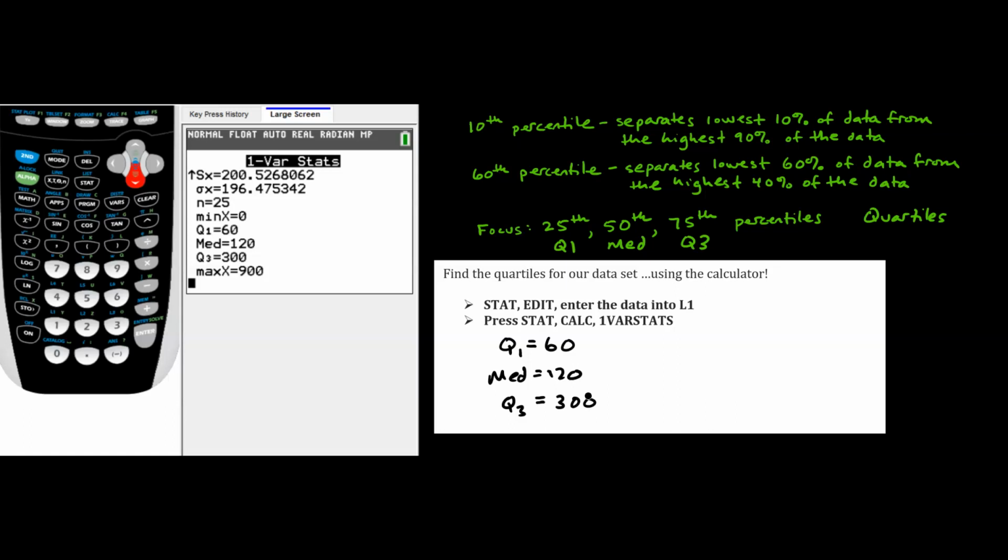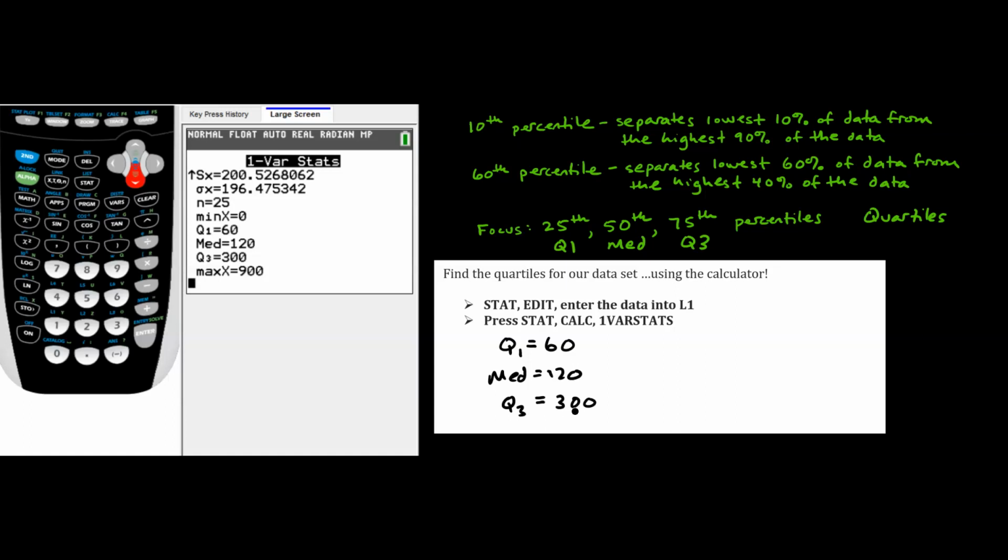The way that we interpret this is, since this is the 25th percentile, 25% of the class talks less than 60 seconds per phone call, whereas 75% of the class would be talking more than that. With the median, 50% of the class is talking less than 120 seconds per phone call, and 50% is talking more than 120 seconds per phone call.